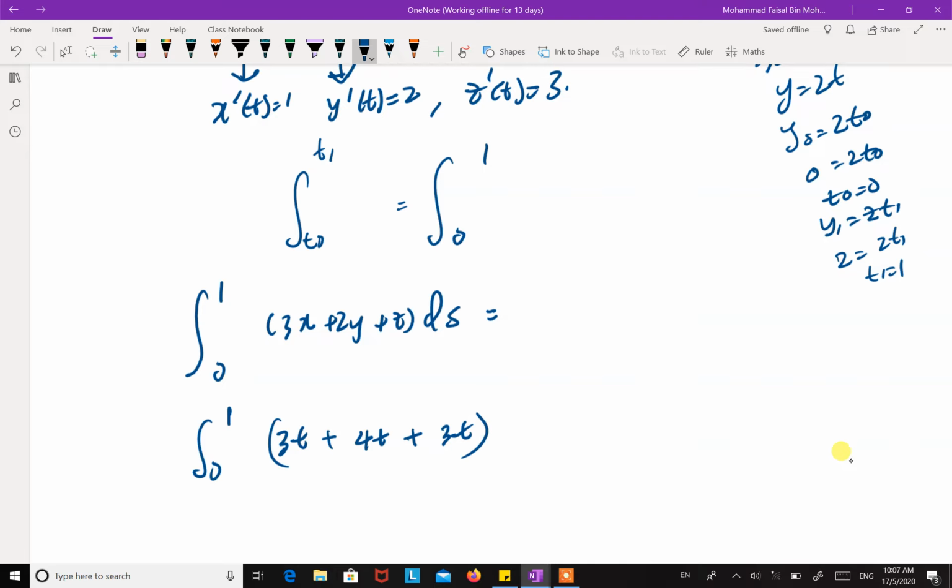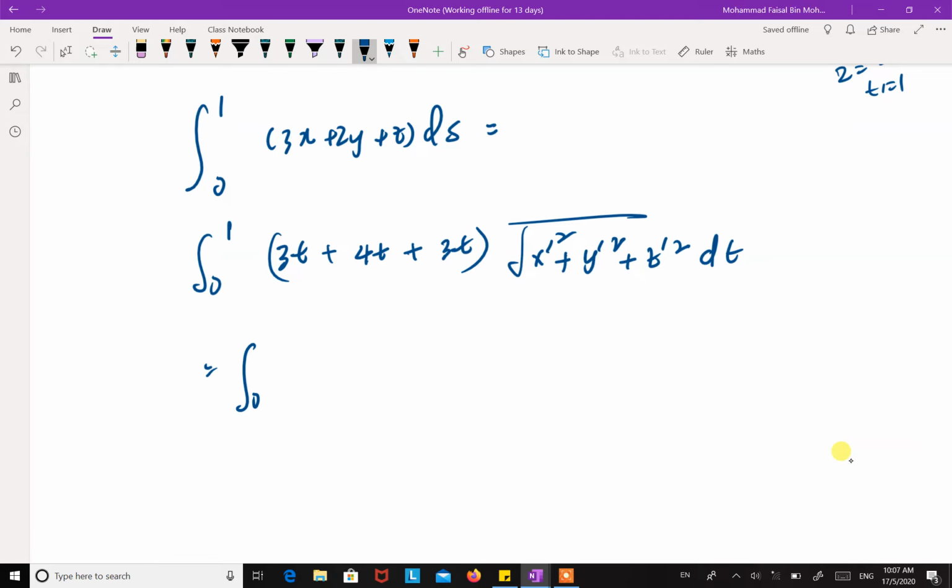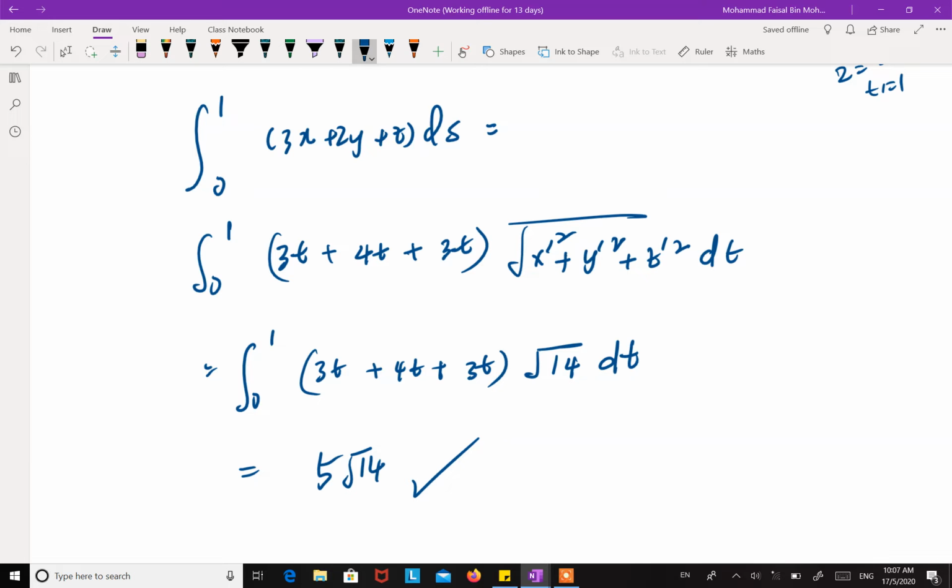Your ds will be the square root of x prime squared plus y prime squared plus z prime squared dt. So this is equal to the integral from 0 to 1 of 3t plus 4t plus 3t, times square root 14 dt. Then you integrate this, you will get 5 square root 14. So please check.